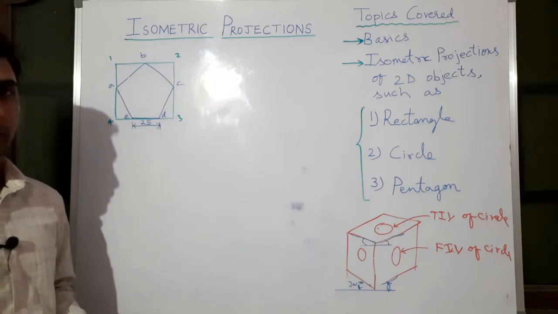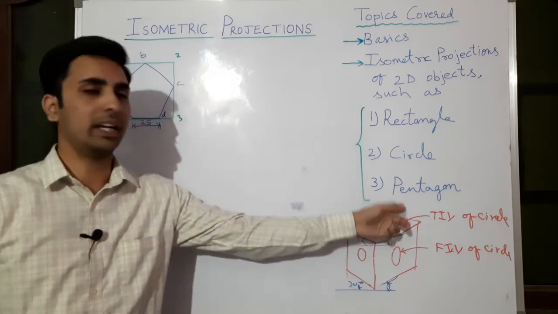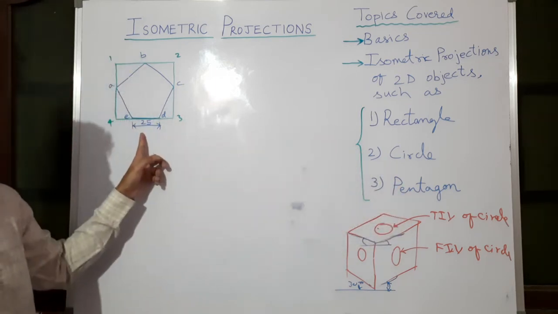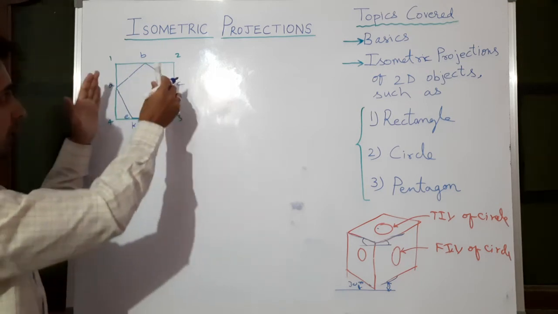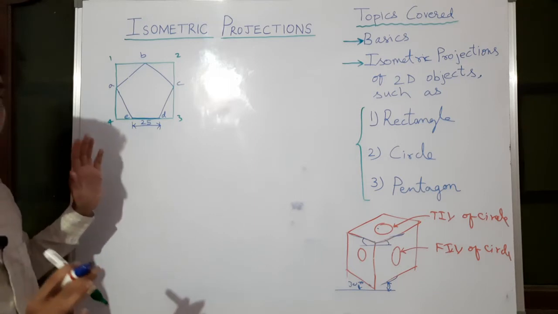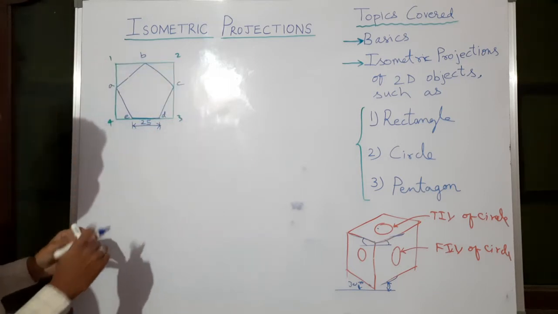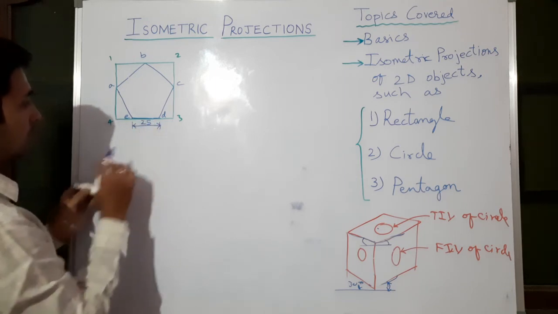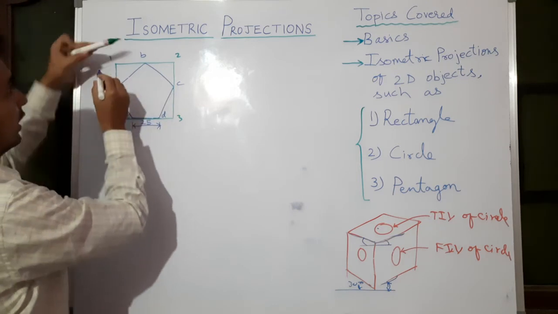Now the front isometric view. One more thing, we have been given a pentagon of side, assume, 25 mm. After drawing the pentagon of this 25 mm side, we will enclose it in a box. Box dimensions we don't know. How to enclose it in a box? Parallel to the base, draw one line, and parallel to this, wherever it is touching here, draw another line.